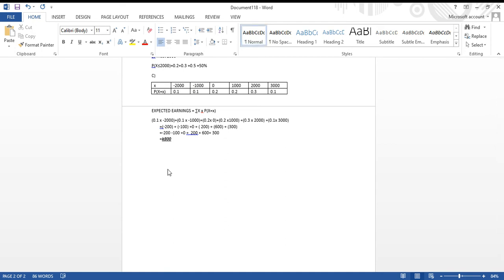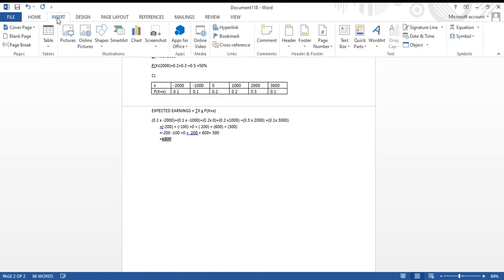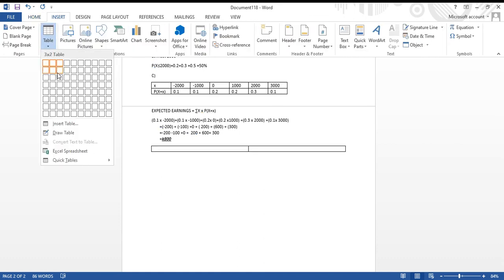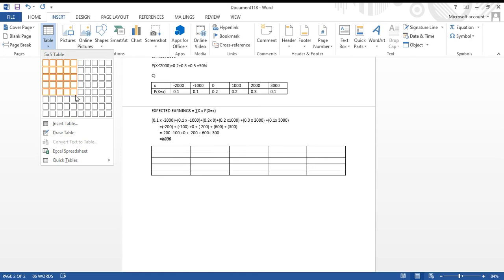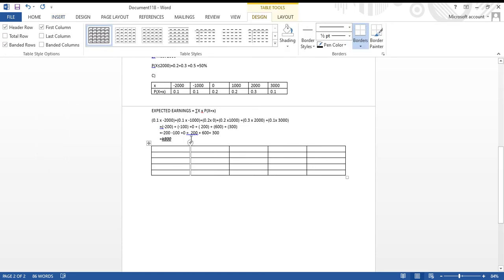First we need to find the variance, then we get the standard deviation. So to get the variance, we need to make a table. Here we'll have our x values. Remember, x is the random variable which represents profits.